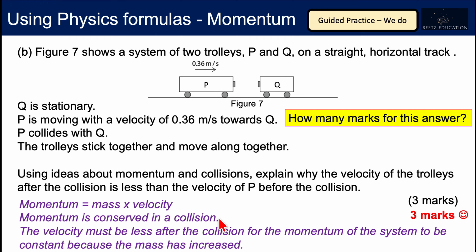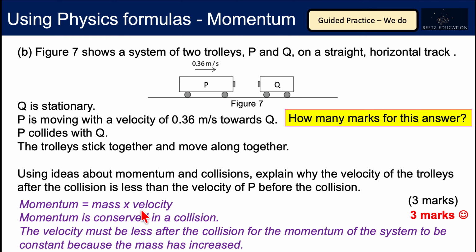They get a mark for mentioning that in a collision, momentum is conserved. In other words, the combined momentum of the 2 objects in this system, P and Q, would be the same before the collision as it is after the collision. Now, we are told they stick together, which means the mass is going to increase. And if the mass increases, the value for mass would go up.